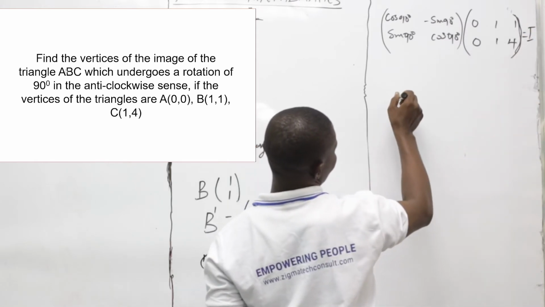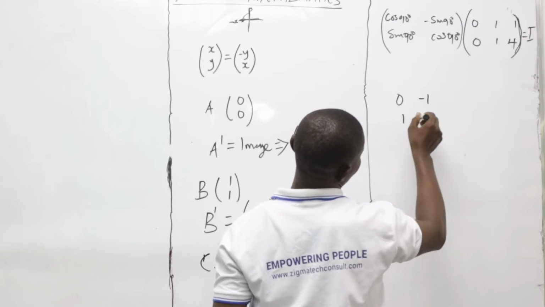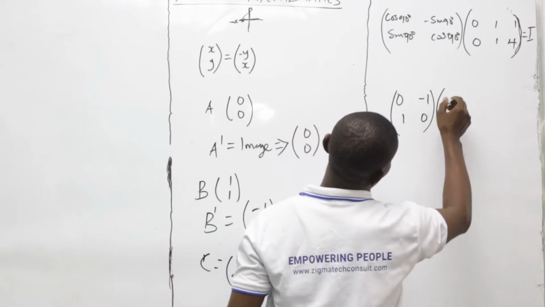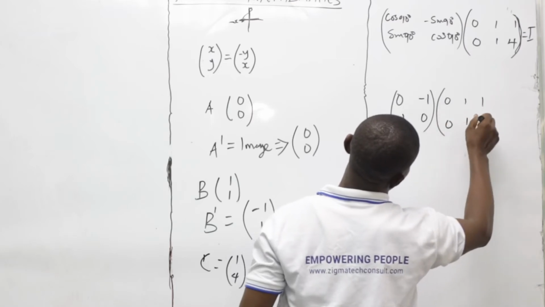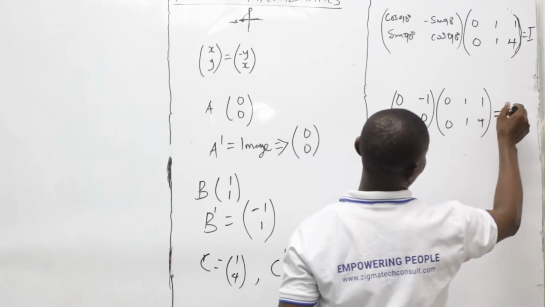So cos 90 is 0, sin 90 is 1, so the matrix is 0, minus 1, 1, 0. Let us multiply. This is 0, 0, 1, 1, 1, 4 to give us what? Image.